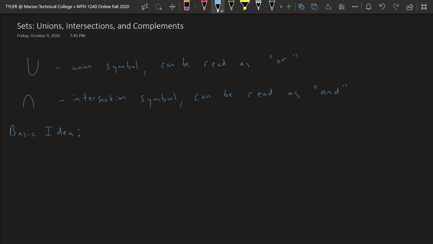So the intersection of two sets are those elements that belong to both sets.